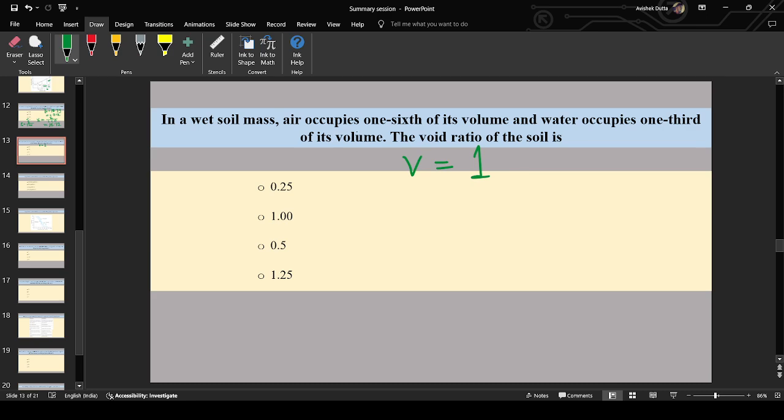Now we have been told that air occupies 1/6 of its volume. That means volume of the air is 1/6 of V, that is 1/6 of 1, that is 1 by 6. And water occupies 1/3 of its volume, again 1/3 of 1, that is 1 by 3.